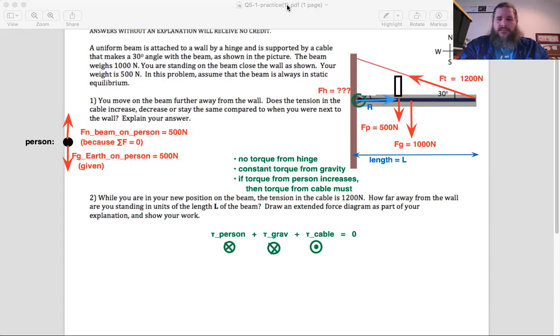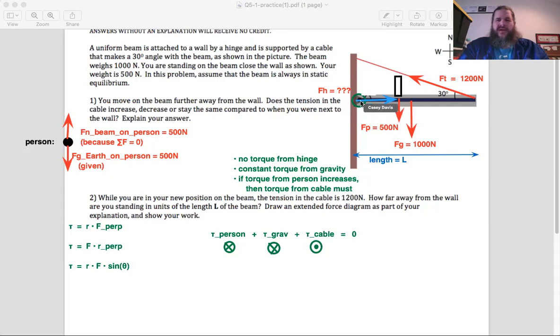Theta, there it is. So torque is the radius times the force times the sine of the angle between them. But you could also bundle F times sine theta together to create F perpendicular, or you could bundle R times sine theta together to get R perpendicular.